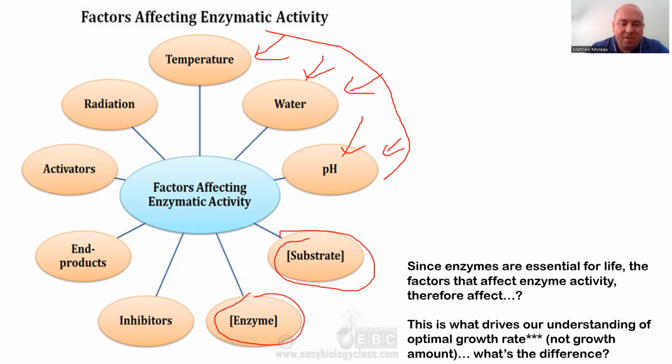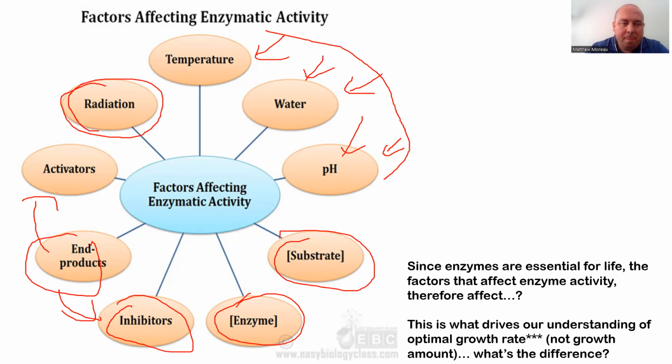Concentration of substrate, how much enzyme you have, are there any inhibitors, end products which might be inhibitors or activators, and exposure to radiation, which can modify ionophores of the chemicals within a particular amino acid, are all things that can affect the activity without affecting the structure, right? Or at least, I take that back. They affect the activity, and they can affect the structure.